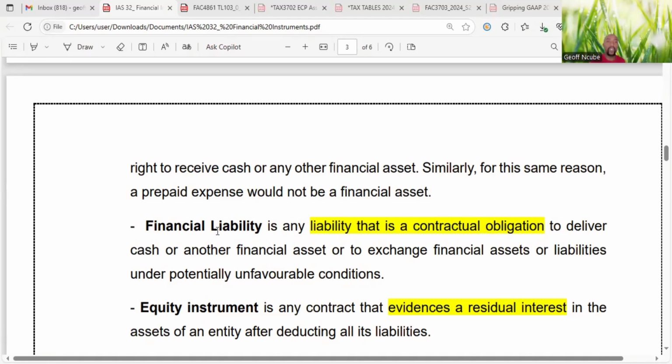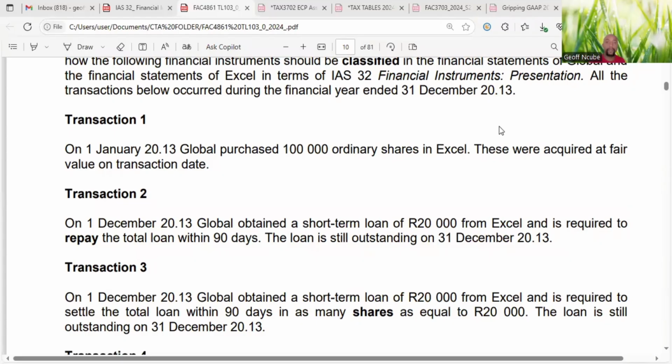Okay, so let's go to the example, where we shall explain a financial liability in more detail. Based on our transaction one, Global purchased 100,000 ordinary shares in Excel. These were acquired at fair value on the transaction date.